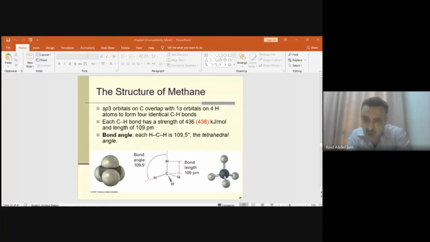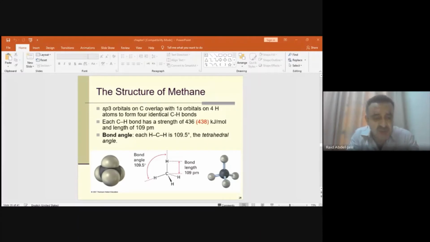You follow me? These hybridized orbitals, we will always name them based on the type of the orbitals which have been used. In other words, the carbon here in the methane gas has used 1 s orbital, which is the 2s, and 3 p orbitals. That's why we call it sp3. If it has used 1 s orbital and 2 p orbitals, it will be sp2.